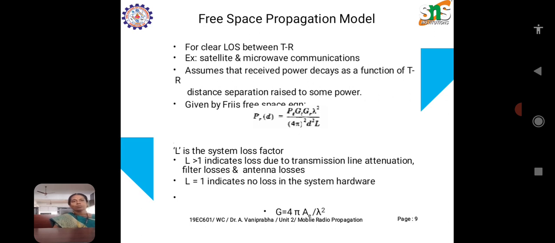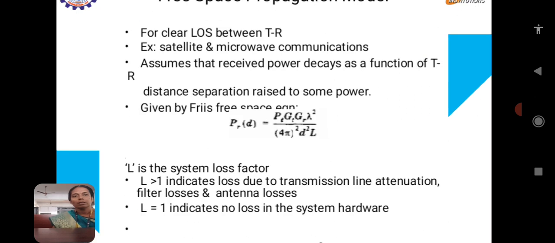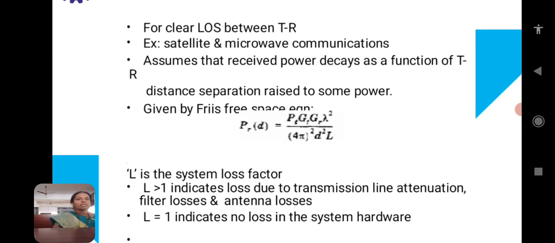So assume the received power decays as a function of the distance between the transmitter and receiver. As the distance increases, obviously the signal strength also decays.